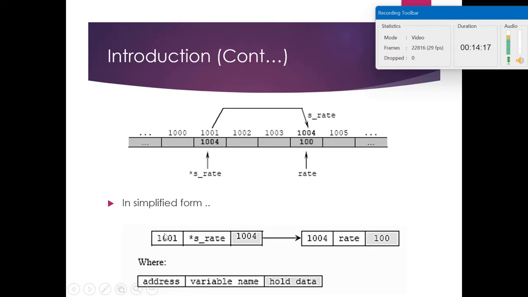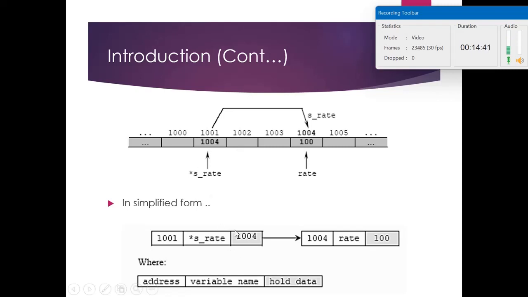In simplified form, here 1001 is the location, and this should be a name. The name of this variable is s_rate. The value should be the memory address of the rate variable, that is 1004.